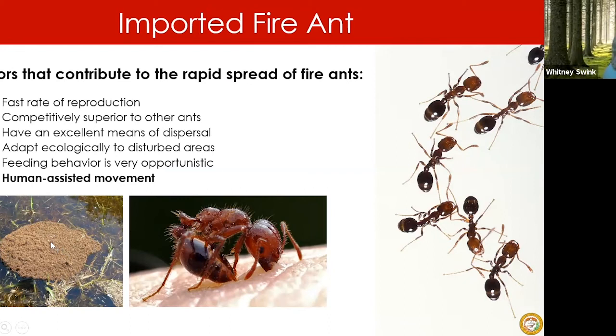And I think the queen is somewhere right around here, but the point being, they are really good at survival, especially adapting to ecologically disturbed areas. So any place you've got new construction happening, development communities, properties, soil movement is a big way that they're getting spread, and mostly human-assisted movement.